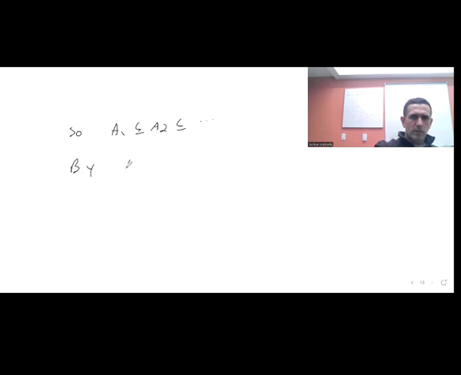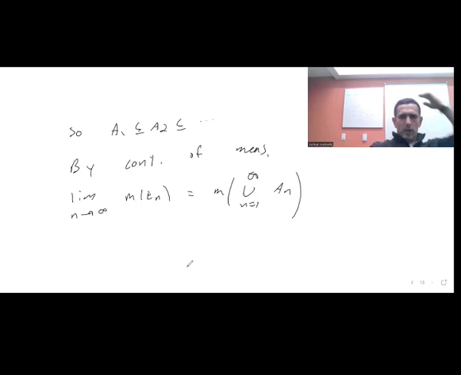All right, so by continuity of measure, we have that this limit is the measure of the union of the A_n. Okay. Now, how does this help us?